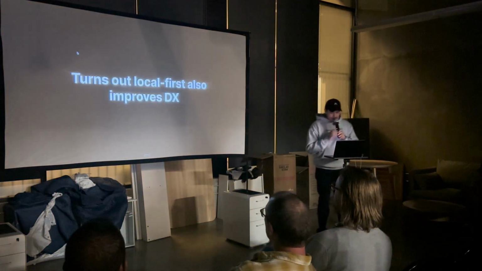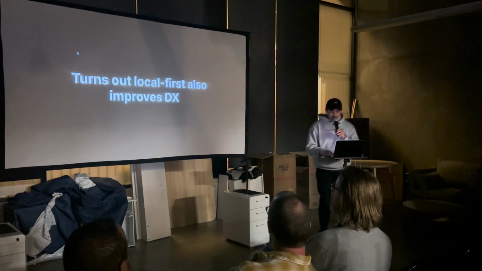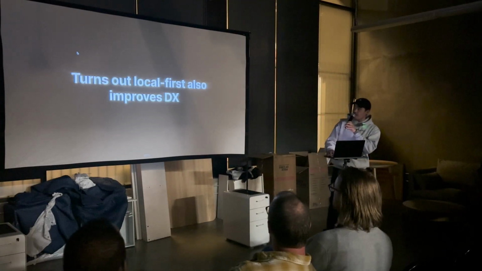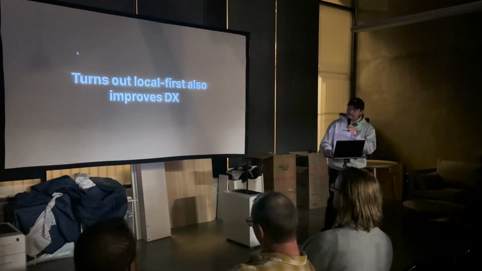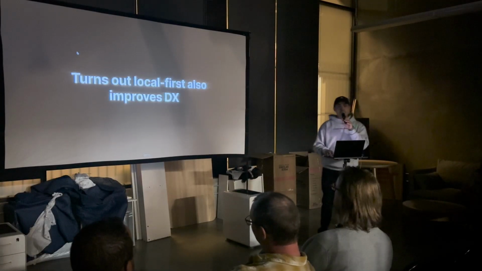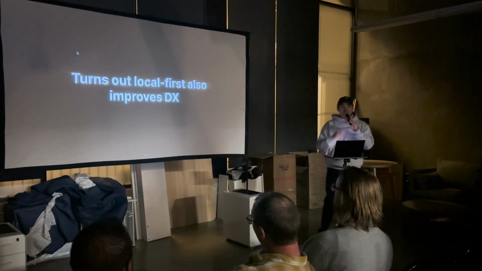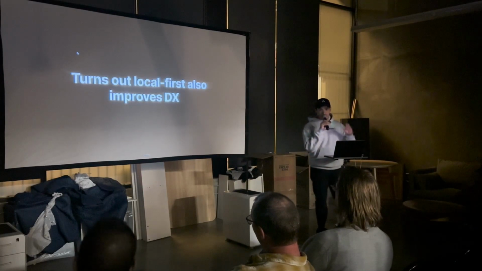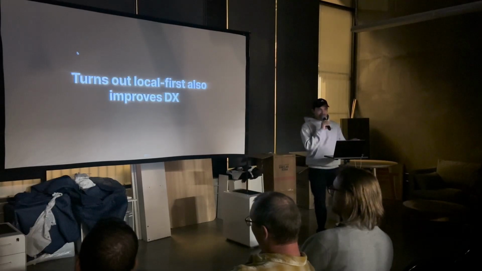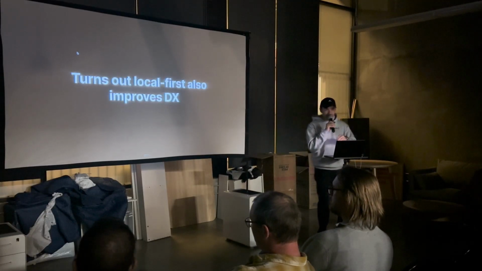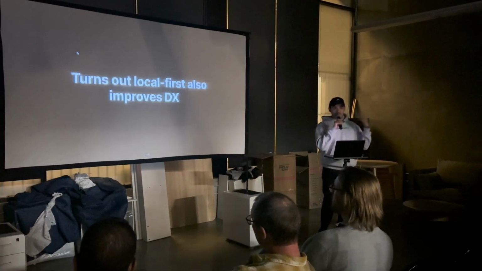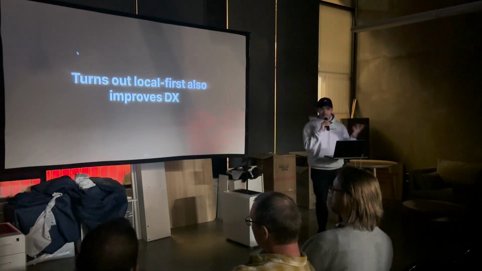So yeah, it is possible to build local first applications with React Native and Expo, and it turns out local first architecture improves developer experience. Things like state, right? We are used to setting state all around the application, but suddenly you are setting state in a very nested component and you need to update the entire application, like the theme or something.